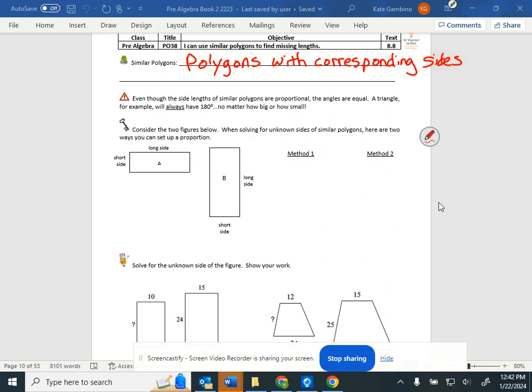So similar polygons are polygons with corresponding sides that are, our keyword for this unit, proportional. So even though the side lengths of similar polygons are proportional, the angles are equal. A triangle, for example, will always have 180 degrees, no matter how big or how small.